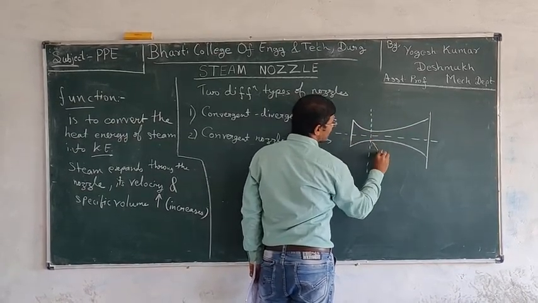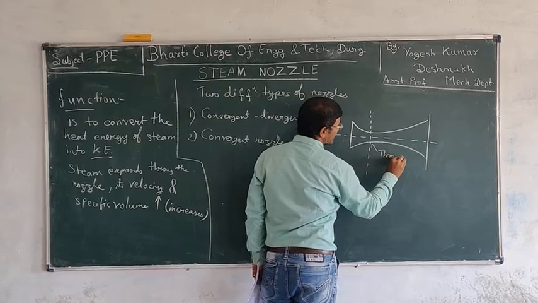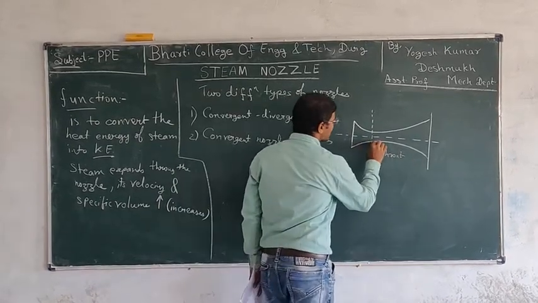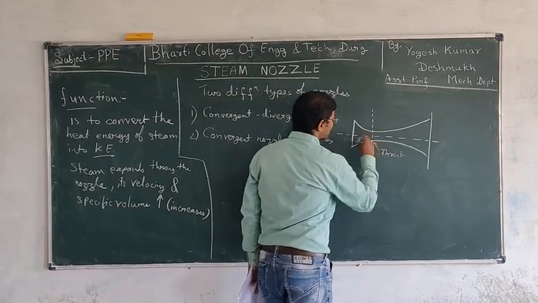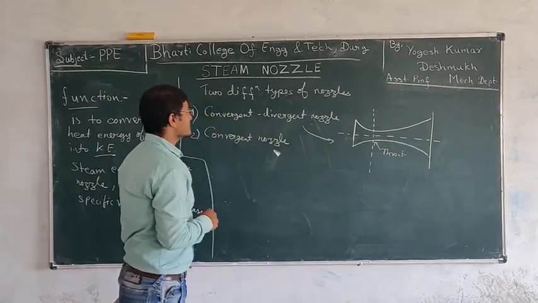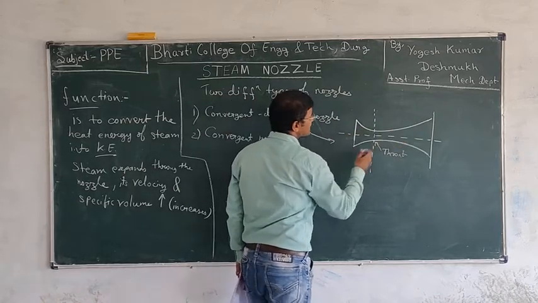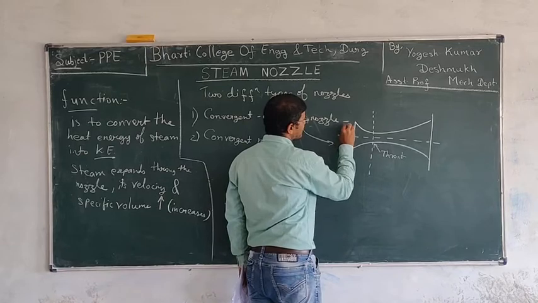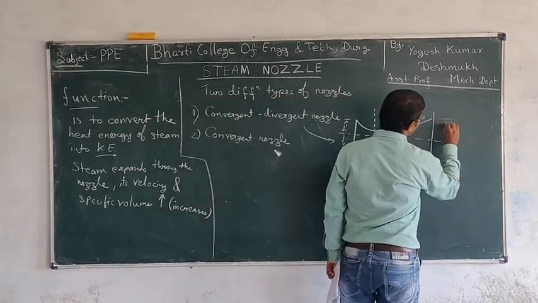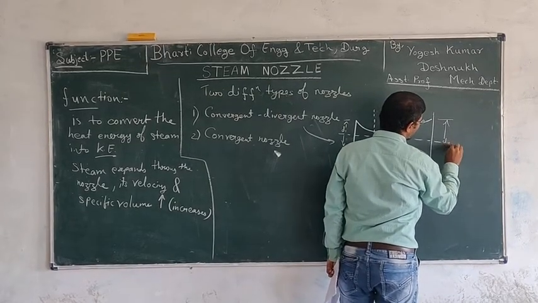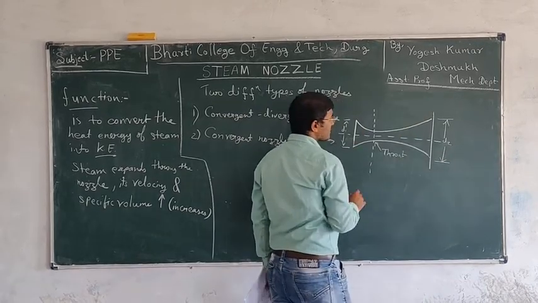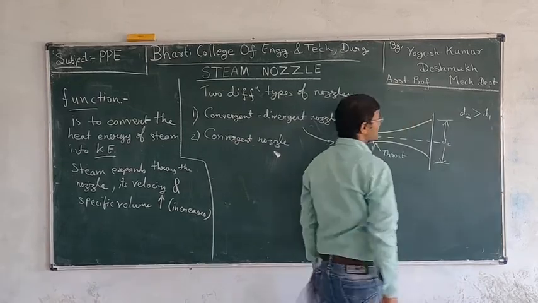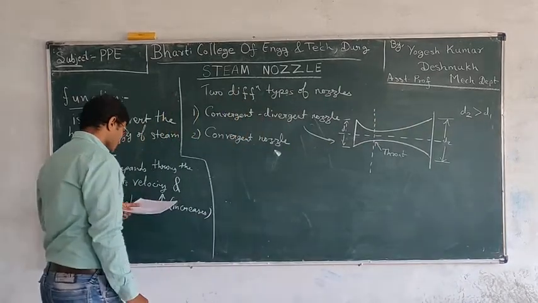This place is called the throat area, where the converging action changes to diverging action. This is the diameter D1 and this is D2, the exit diameter of the nozzle. In a convergent divergent nozzle, D2 is always more than D1.